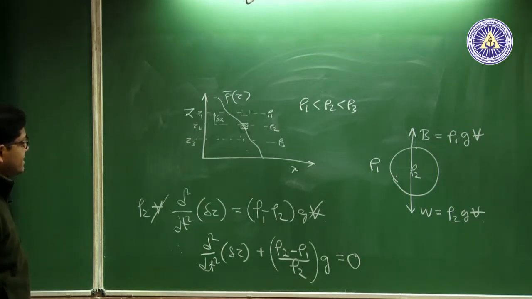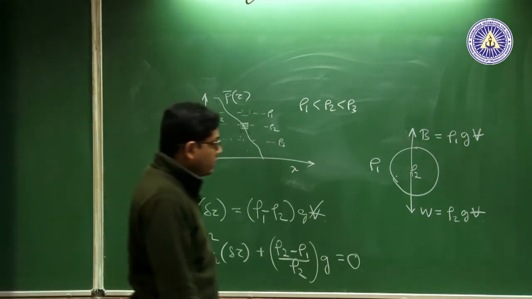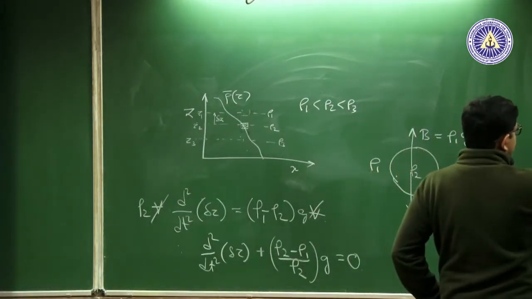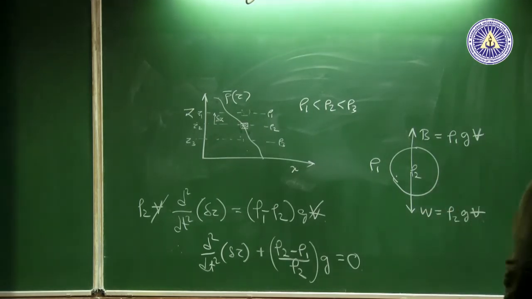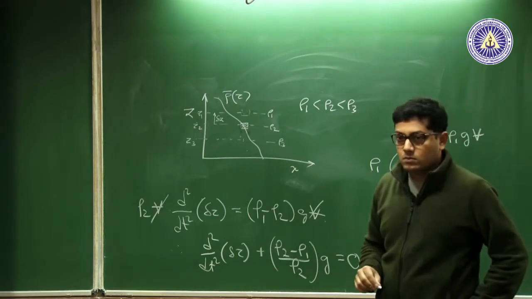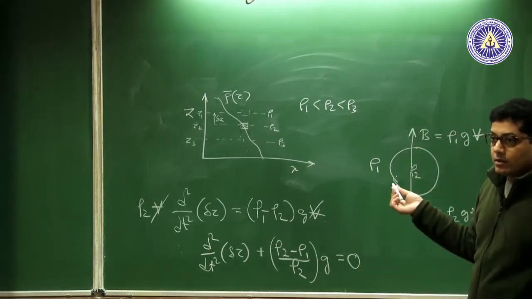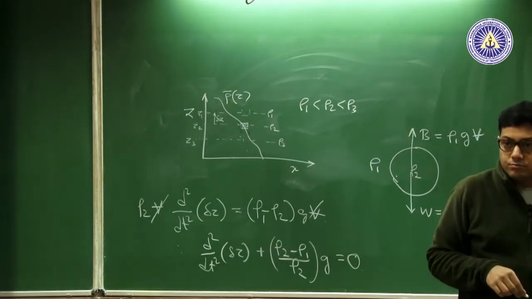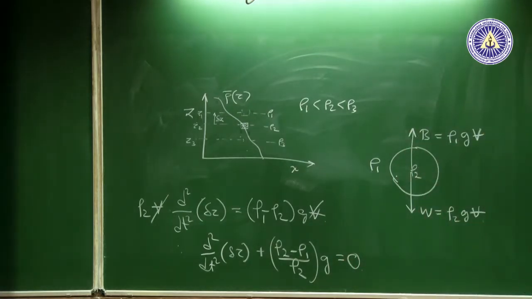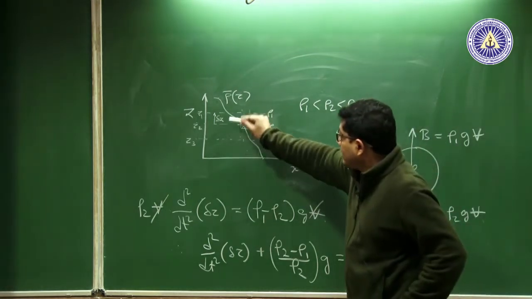Let's keep rho 2, let's write rho 1 in terms of rho 2. So, can we express rho 1 in terms of rho 2? We can, right, because we can do a Taylor expansion. So, what should it be? I simply want to write rho 1 in terms of rho 2.